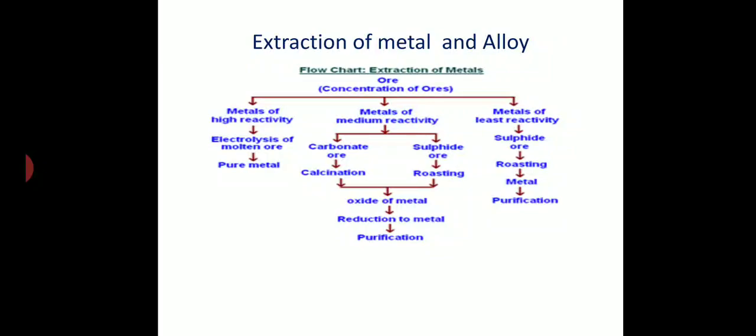Amalgam is an alloy in which metal is combined with mercury. So amalgam contains mercury along with some other metal.